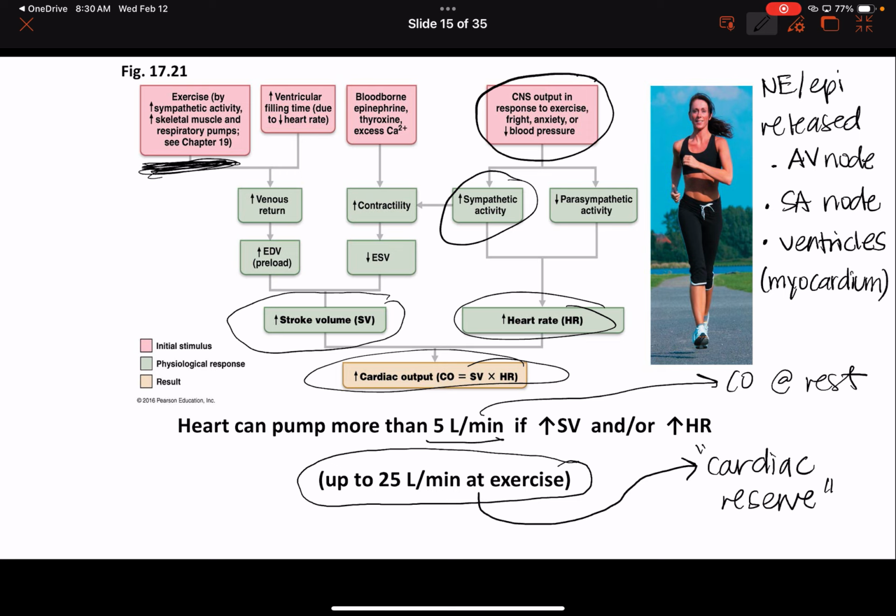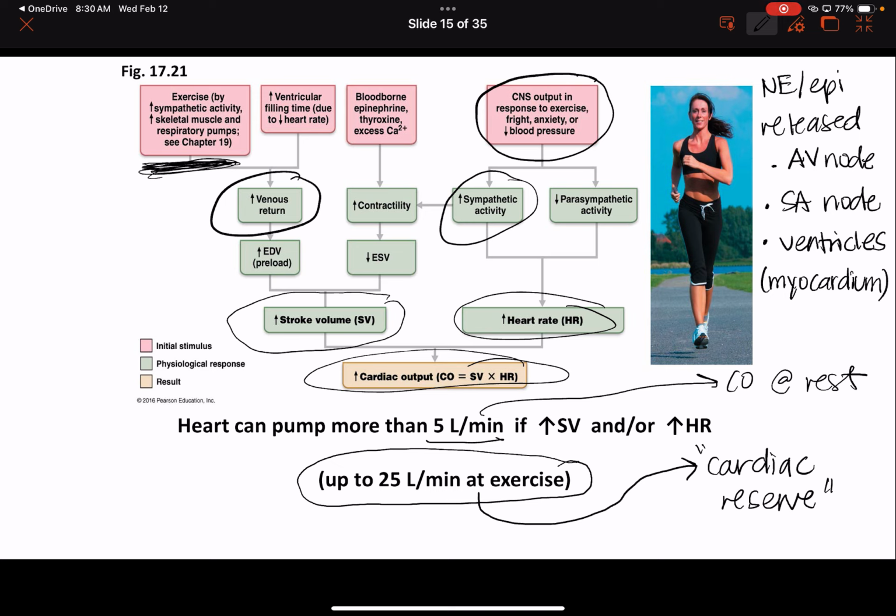So by exercising, you increase what's called venous return. That's the amount of blood that's returned to the heart through the veins. So my superior and inferior vena cava are going to be receiving more blood than normal when I exercise, because my skeletal muscles are basically squeezing my veins and pushing the blood forward, putting more blood back into my heart. So by increasing my venous return, I increase that end diastolic volume.